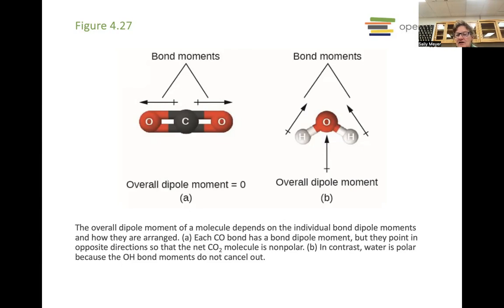Overall, oxygen is slightly negative, and the hydrogens are slightly positive in water, which makes it polar, which makes it easy when it sees another water molecule for it to stick to it in a plus minus interaction. And that's why water can be in the liquid phase at room temperature.